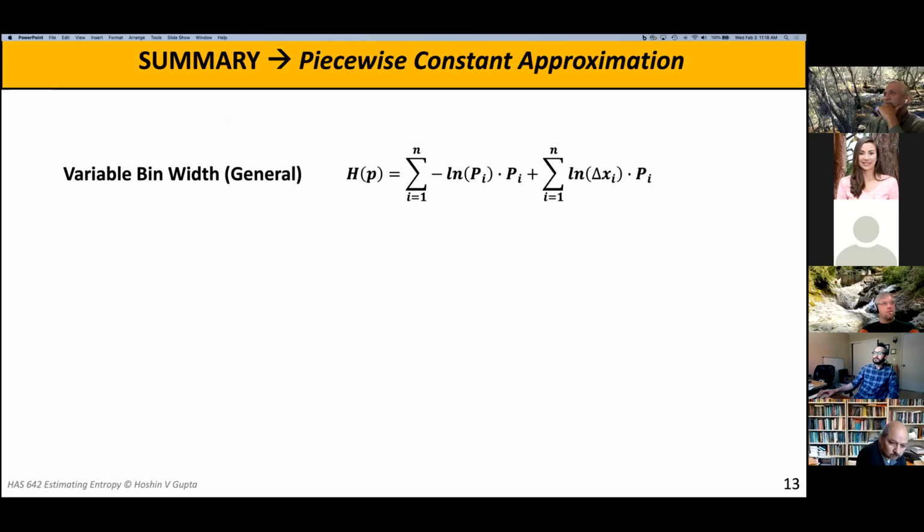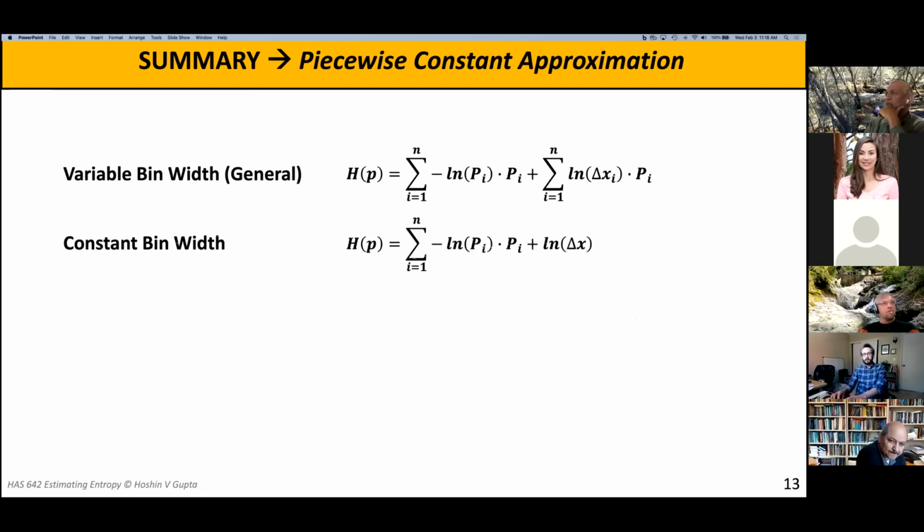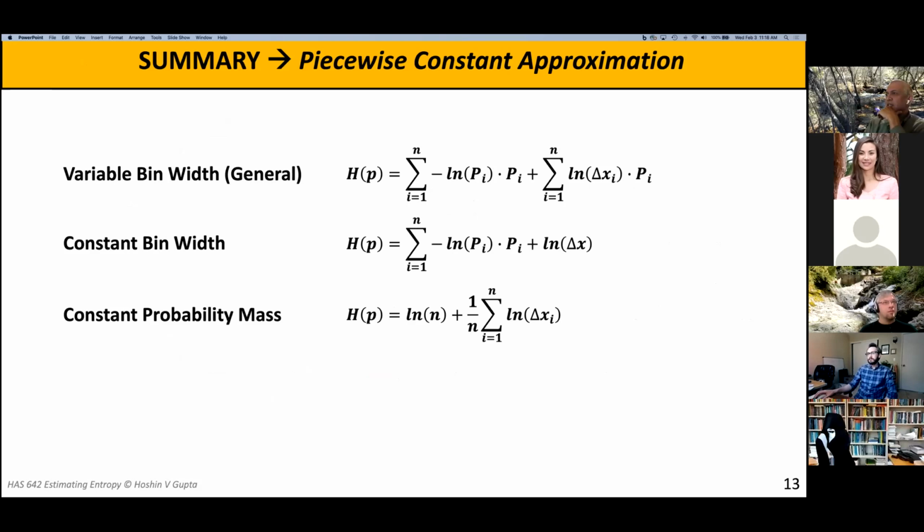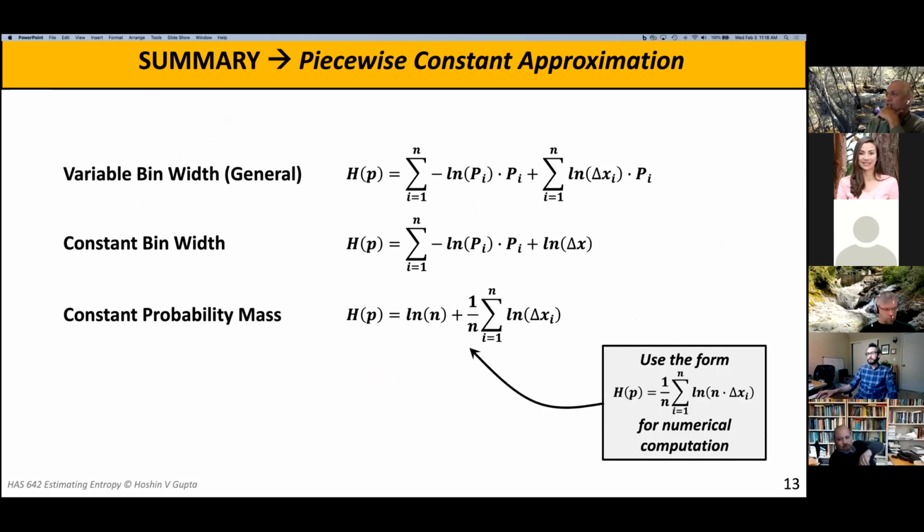Okay. So here's the general equation. Here's the equation if you do constant bin width, and here's the equation if you do constant probability mass. We're going to compare the second and third, but I give you the general one in case you want to come up with a different kind of binning strategy, right? This allows you to apply that.